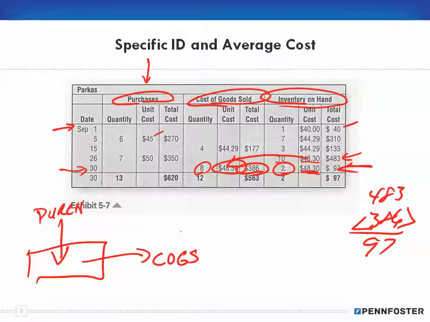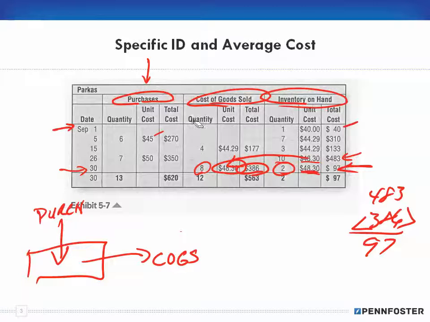If I take 2 times 48.30, I'm going to get the 97. Obviously they rounded here, but my unit cost stays the same. Only the total value of my inventory on hand changes because I took them out.